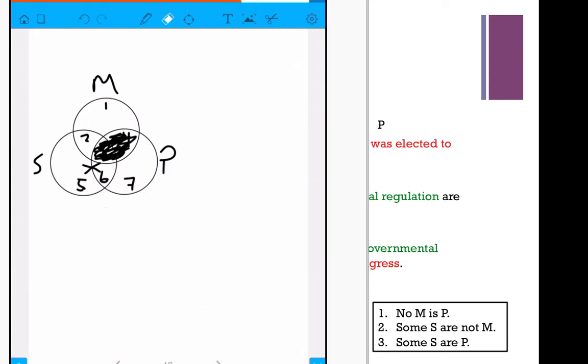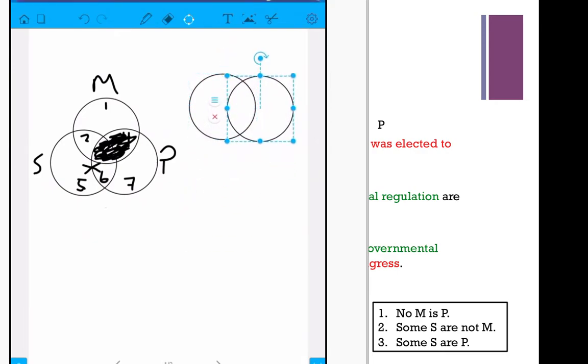Now what we want to do is diagram the conclusion. So we're going to, oh goodness, we're out of room trying to figure out where I can put this. Put this up here, and then we draw S, M, and P just like before. 1, 2, 3, 4, 5, 6, 7.